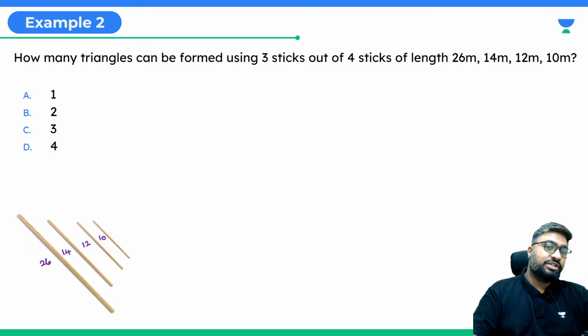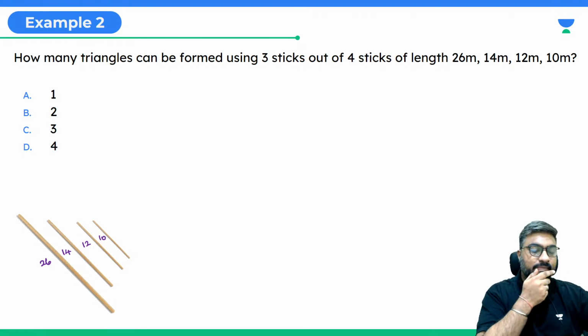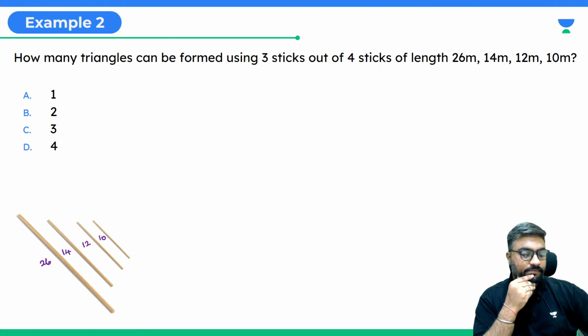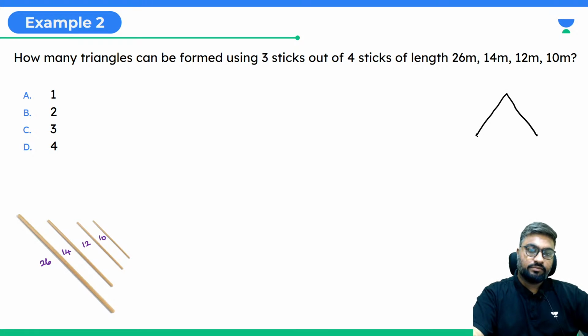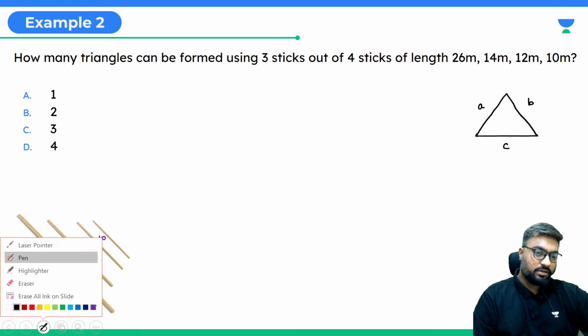They're asking how many triangles can be formed using 3 out of the 4 sticks. Try this out. Okay, Vedant says 4.